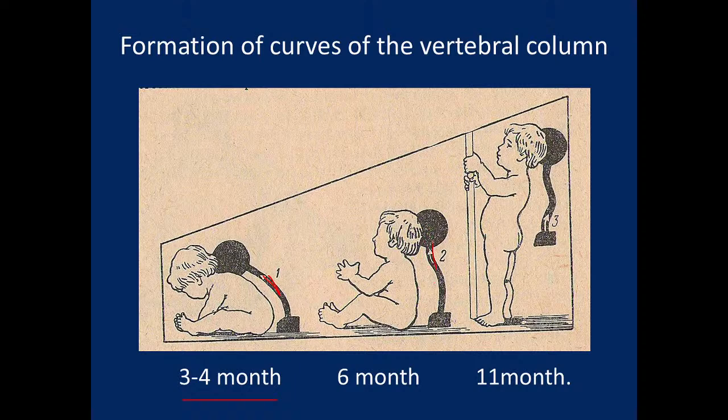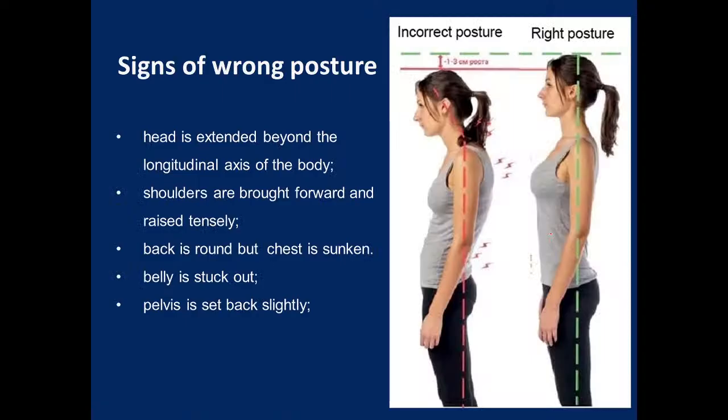Then it becomes more curved, and the cervical lordosis develops, and then when children start to stand, the spine usually has four curves, or two lordoses and two kyphoses.